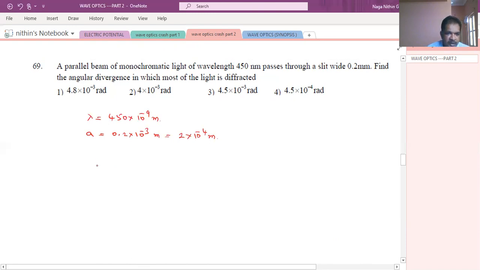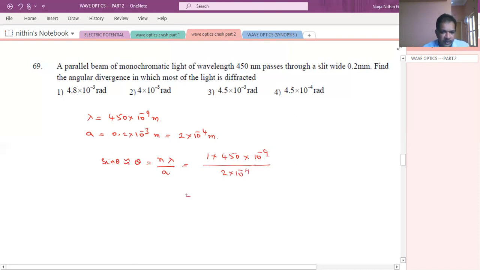So sine theta, approximately equal to theta, is n lambda by small a. A sine theta is equal to n lambda, the basic formula. So here n is 1, lambda value 450 into 10 power minus 9, divided by 2 into 10 power minus 4.